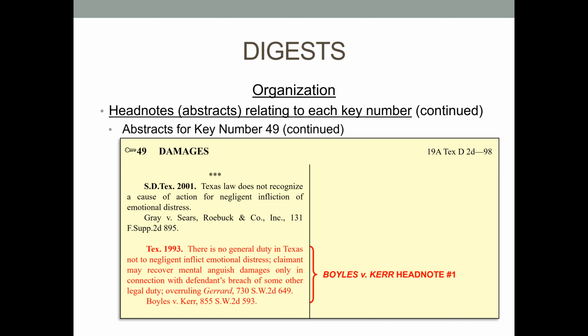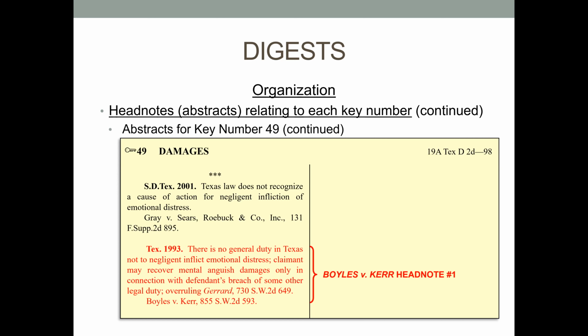So if you kept looking under key number 49, finally you would see here the headnote, word for word, that is headnote number 1 from Boyles versus Kerr. And each of these headnotes or abstracts begins in boldface with the identity of the court that issued it.